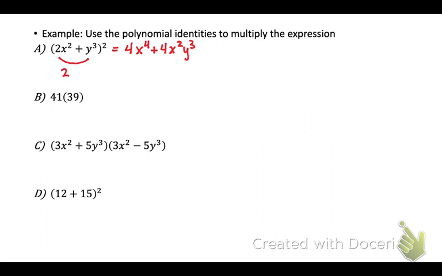And then what? Square the last one, so it's going to be plus y to the sixth, and that's it.